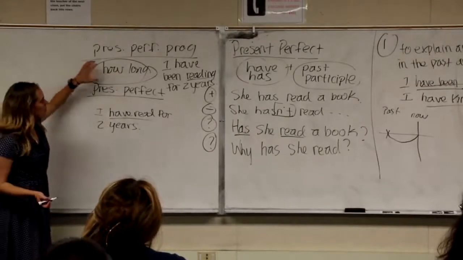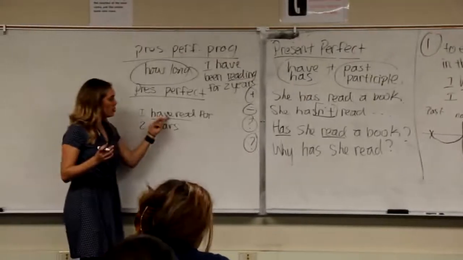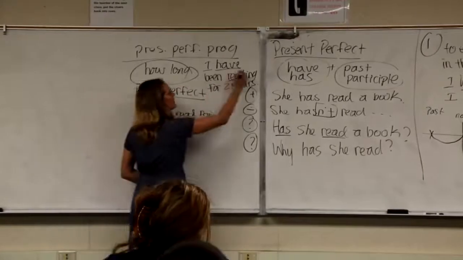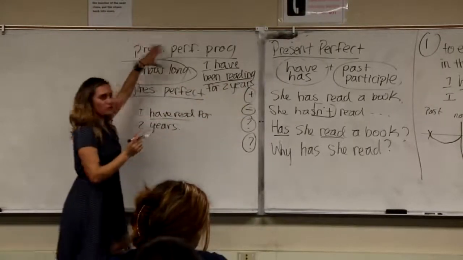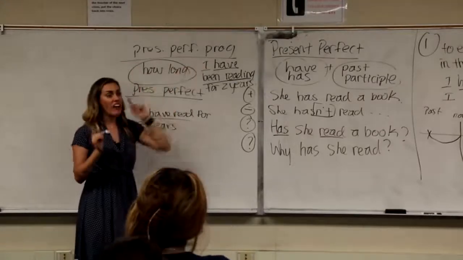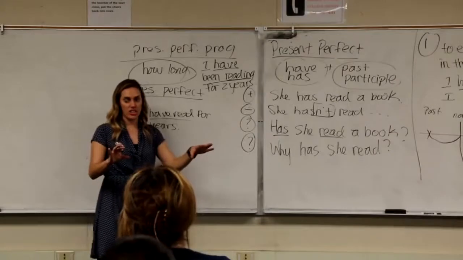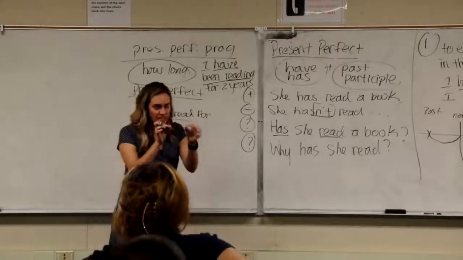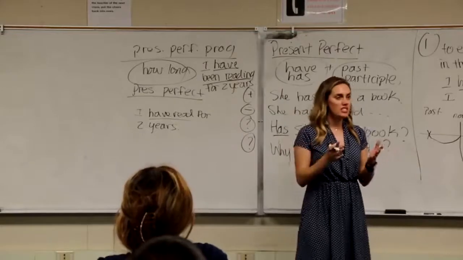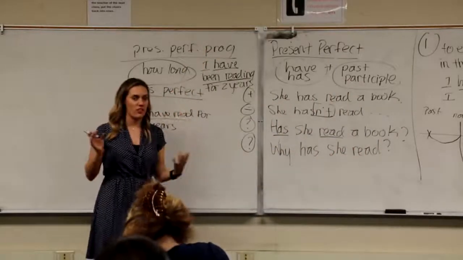Because we're focusing on how long. How long? 2 years, right? They're both grammatical, but this one's better. So when we're focusing on how long, use this one unless it's non-action. That's what I just try to tell people. There are more reasons, but most of the time the best choice is this one if it's an action verb and you're focusing on how long.